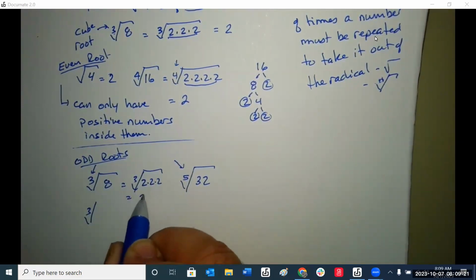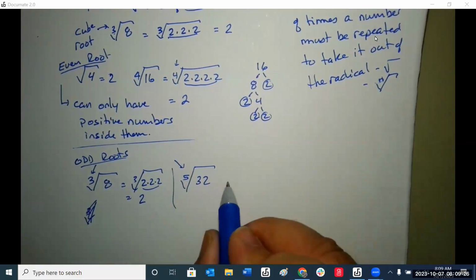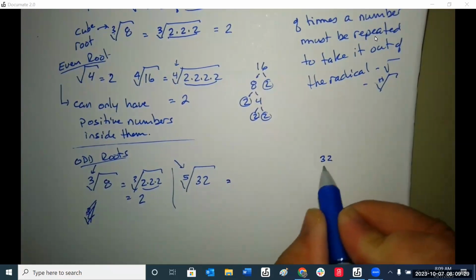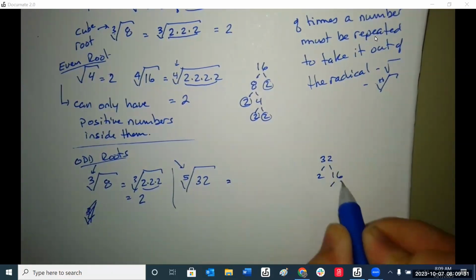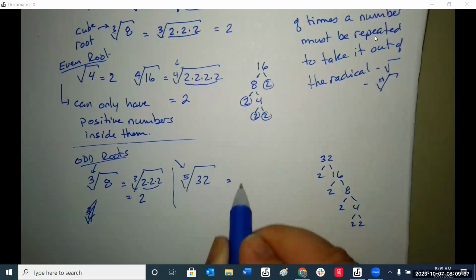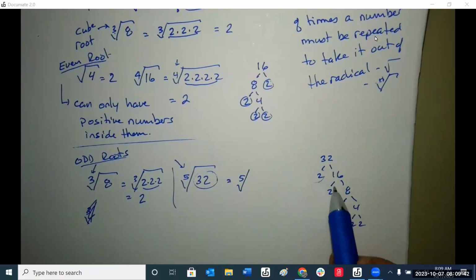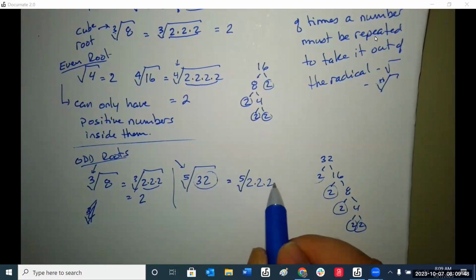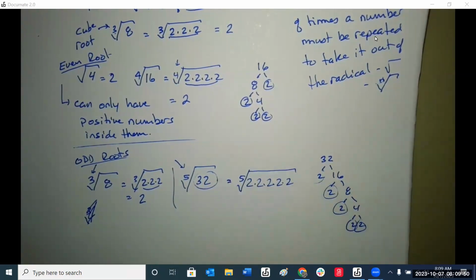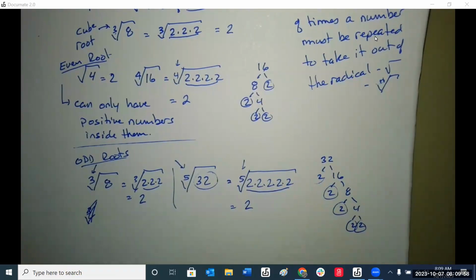It happens 3 times, so it comes out. 32 is 2 times 16, 2 times 8, 2 times 4, 2 times 2. So 32 is 2 times 2 times 2 times 2 times 2. It equals 5 times. Since it equals 5 times, and that's how many we need, it comes out.